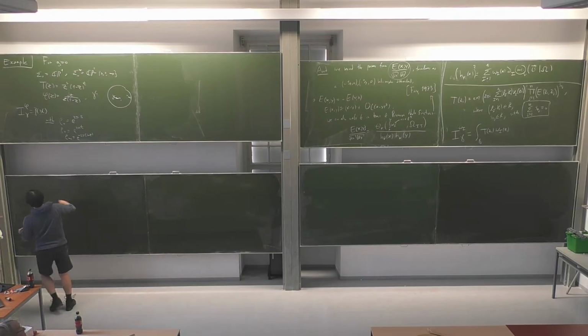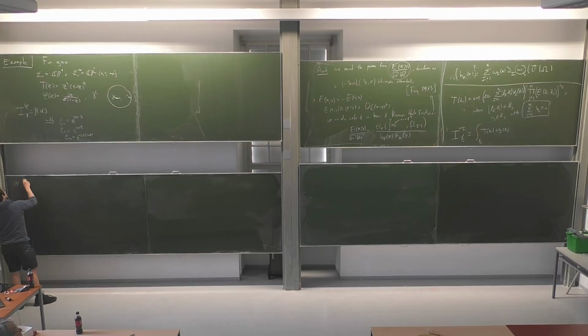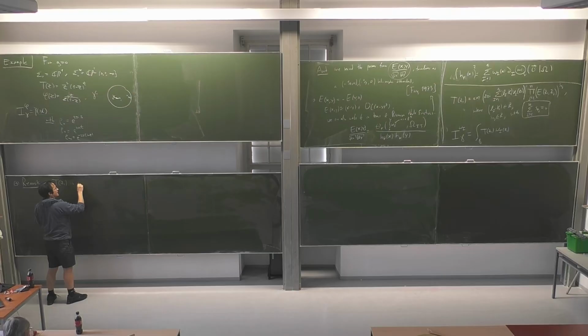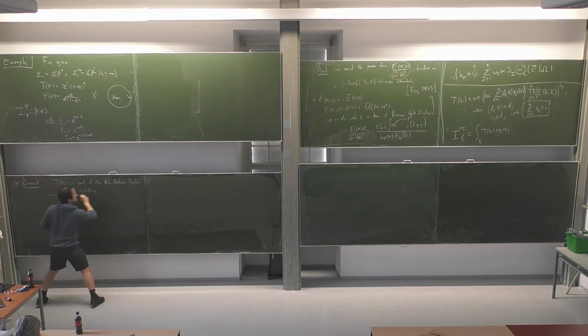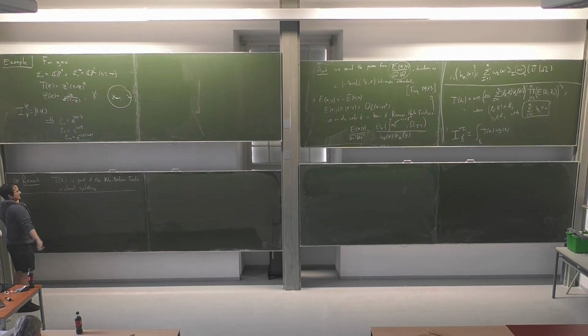An important remark: t of z1 is a part of the covariance factor, the loop momentum dependent covariance factor in the Kawai-Lewellen-Tye style splitting formalism.